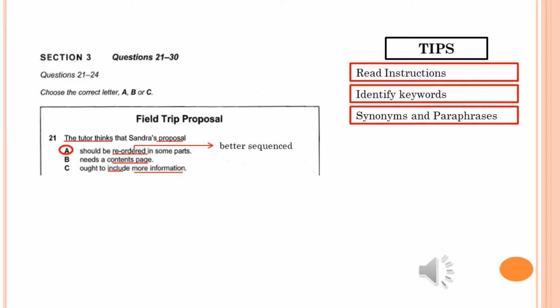Here, reordered was paraphrased and another word was used instead, better sequenced. So do not match your keywords in the recording, rather match the meaning of what the speaker is saying. I know it sounds a little hard, but with enough practice, you will be able to get past this.